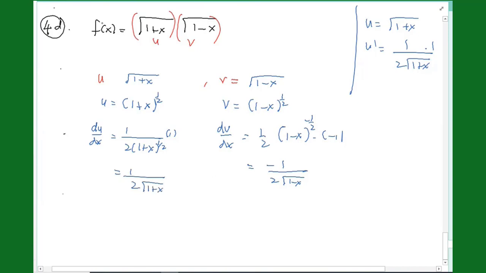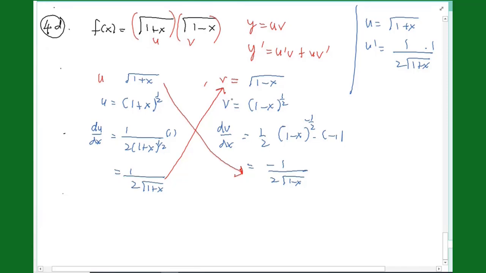Then now we're going to apply the product rule. Y is equal to u times v. Y prime is u prime v plus u v prime. Up to you where to start. So multiply crosswise. I follow this one first, u prime, easy later for the quotient rule.